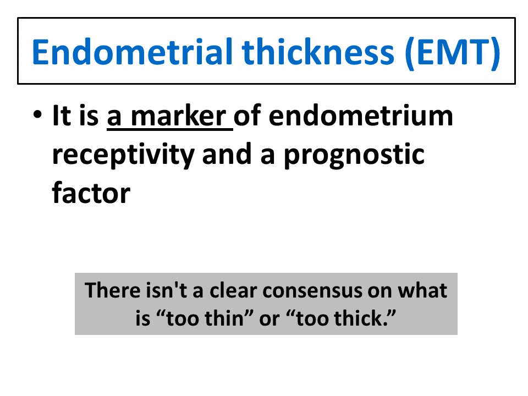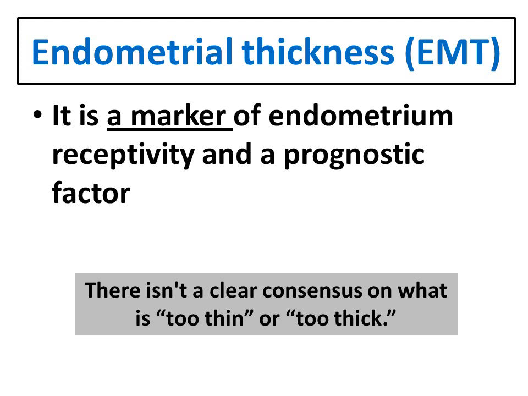But if you say to your patient, you have a thin endometrium, you don't have a chance to get pregnant, no, this is not good, because there are some reports of thin endometrium with good pregnancy rate and normal endometrium without pregnancy. So the endometrial thickness is a marker of receptivity and a prognostic factor.